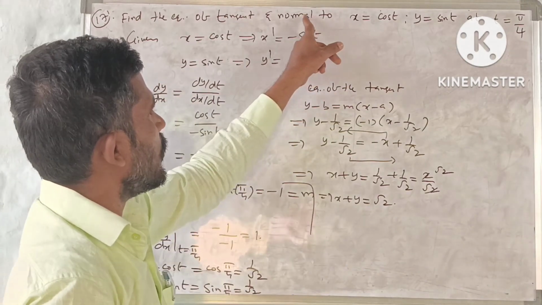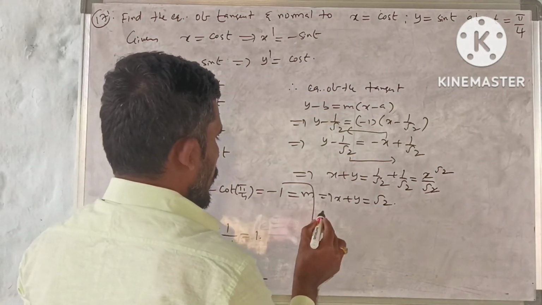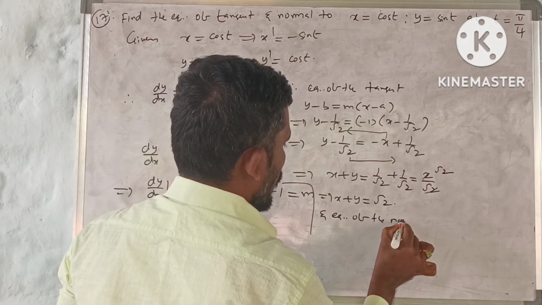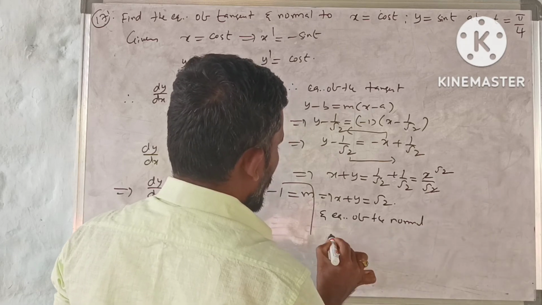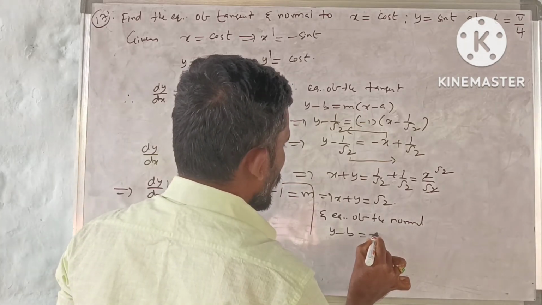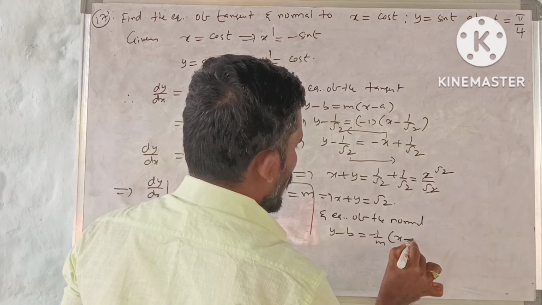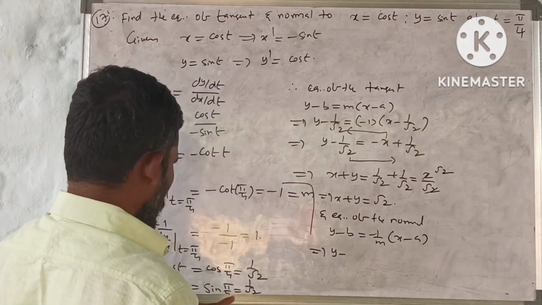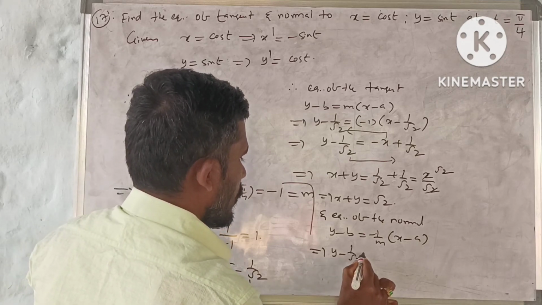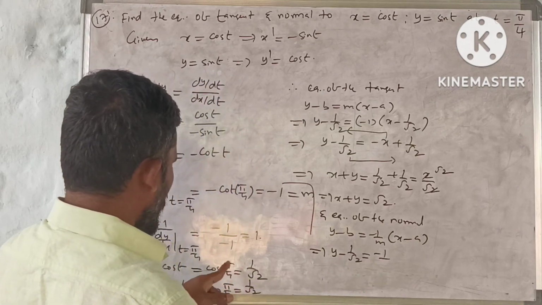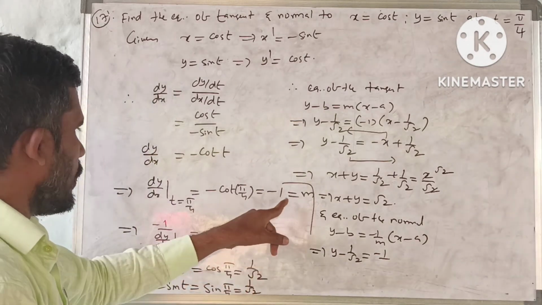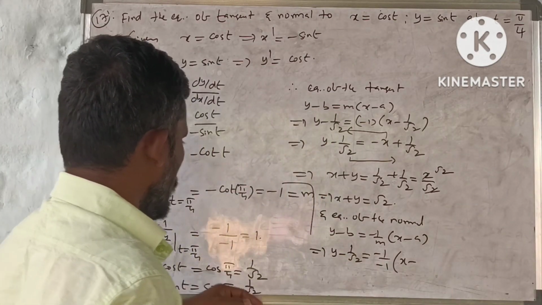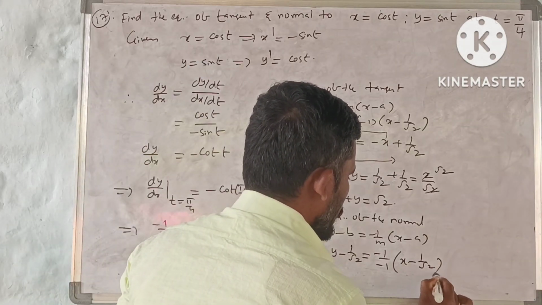In the same manner you have to find the equation of the normal. The equation of the normal principle is y minus b is equal to minus 1 by m into x minus a. So this implies y minus b, so y minus 1 by root 2 equal to minus 1 by m, and minus 1 by m is again minus 1 only, into x minus a. A is 1 by root 2.